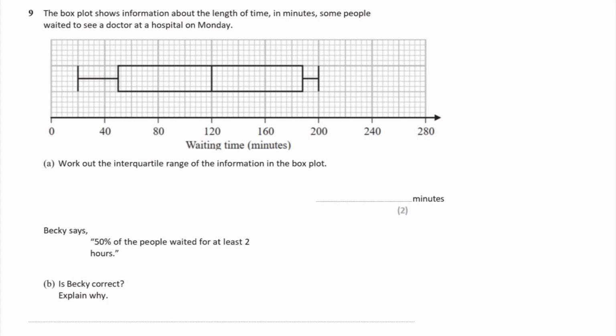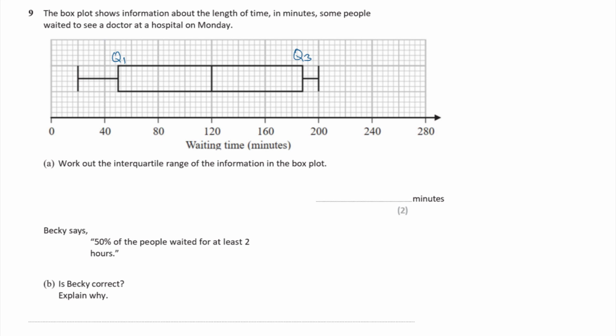Question 9. The box plot shows information about the length of time in minutes some people waited to see a doctor at a hospital on Monday. Work out the interquartile range of the information in the box plot. So in this box plot, this down here is Q1, the lower quartile, and this up here is Q3, the upper quartile.